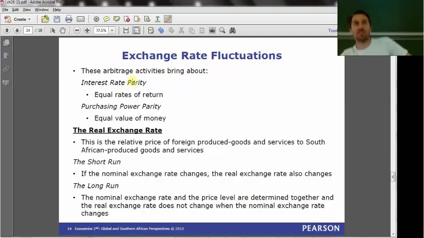I'm going to buy eggs in Joburg and ship them down to Cape Town. What does that do to demand for eggs in Joburg? Increases. What does that do to the price of eggs in Joburg? Increases. And so the price goes up in Cape Town, and the price starts coming up in Joburg as well. Why? Because you've got an arbitrage opportunity. Buy low here, sell high there, making money.